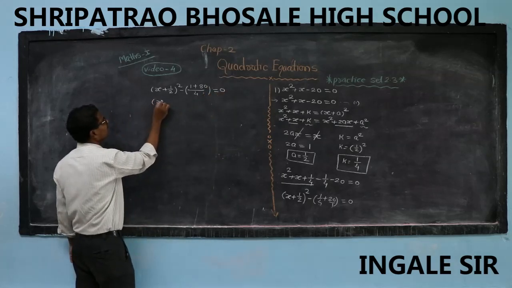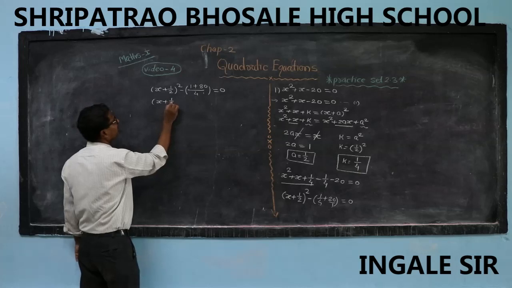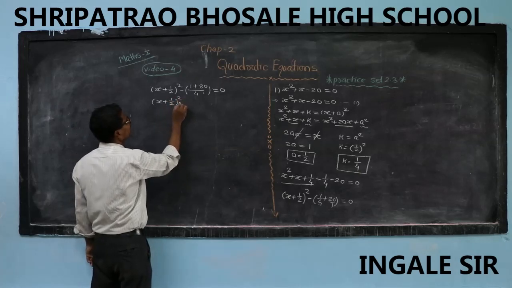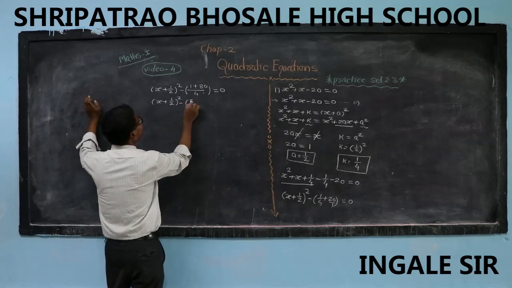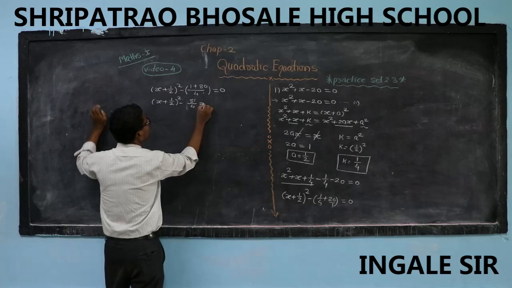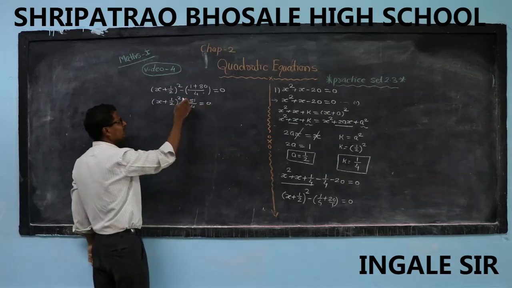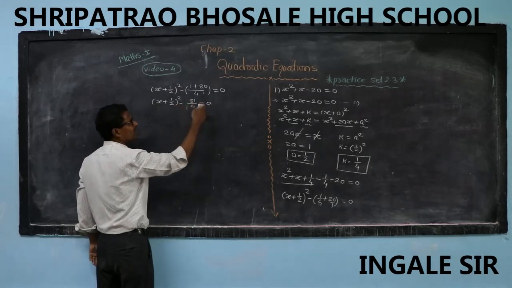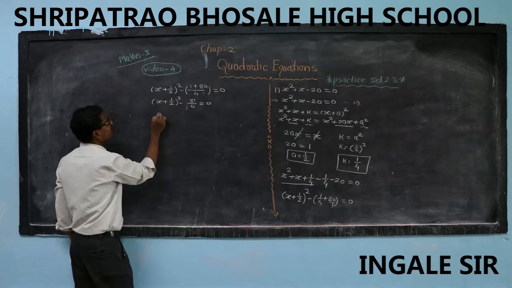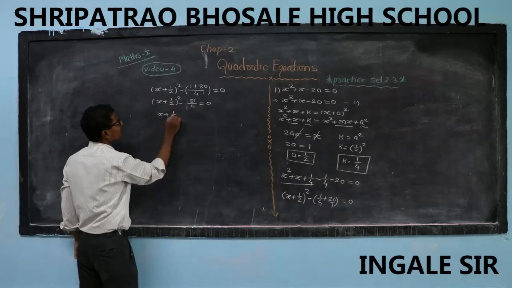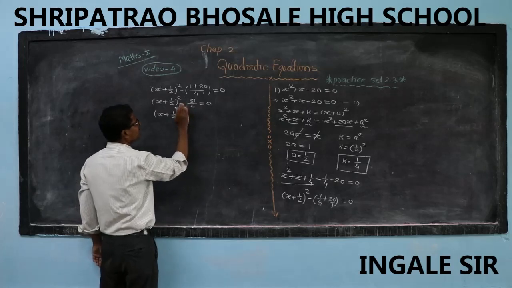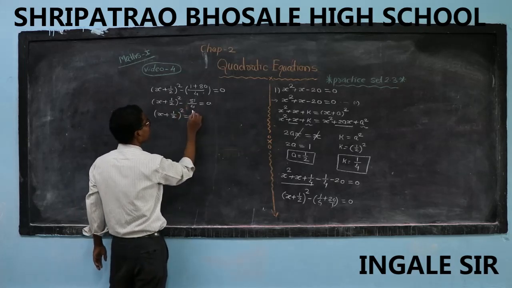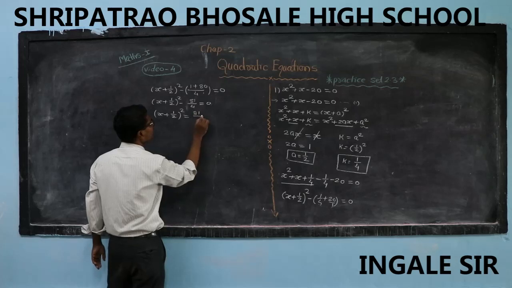So x plus 1 by 2 bracket square minus 81 by 4 is equal to 0. So take minus 81 by 4 to the right hand side. X plus 1 by 2 bracket square is equal to, minus to the right hand side becomes plus, 81 by 4.